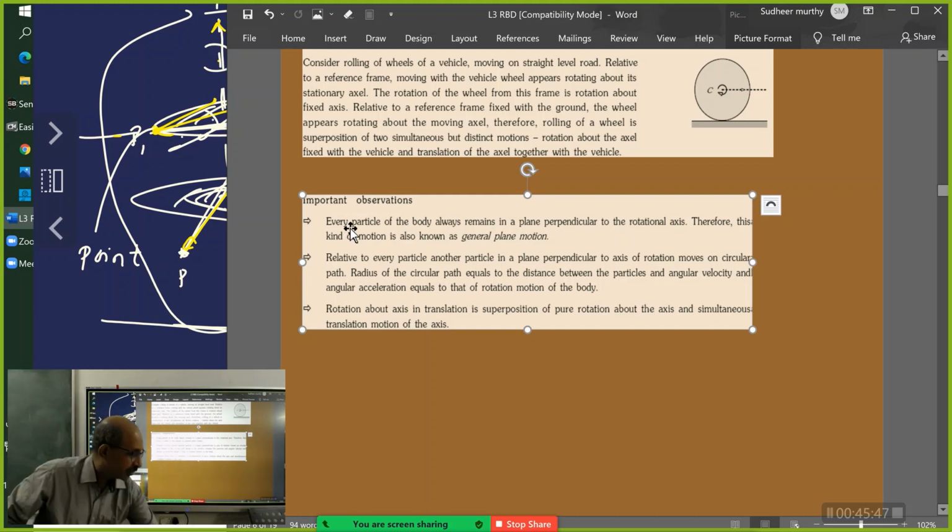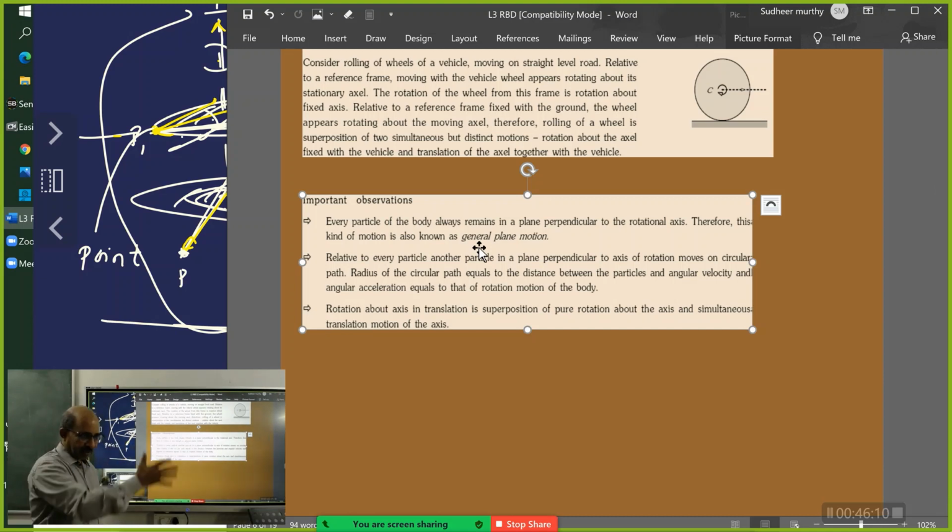Every particle of the body always remains in the plane perpendicular to the rotational axis. Therefore, this kind of motion is also known as general plane motion. That plane is the plane of rotation, hence general plane motion.